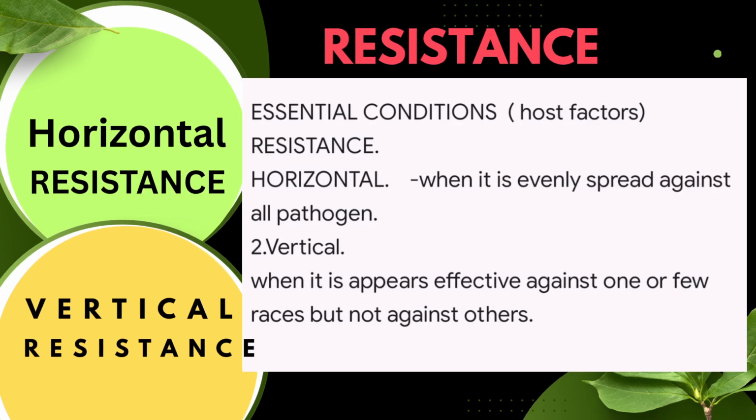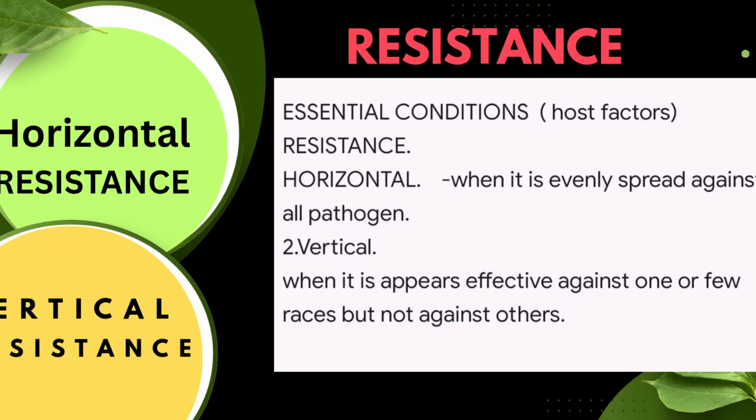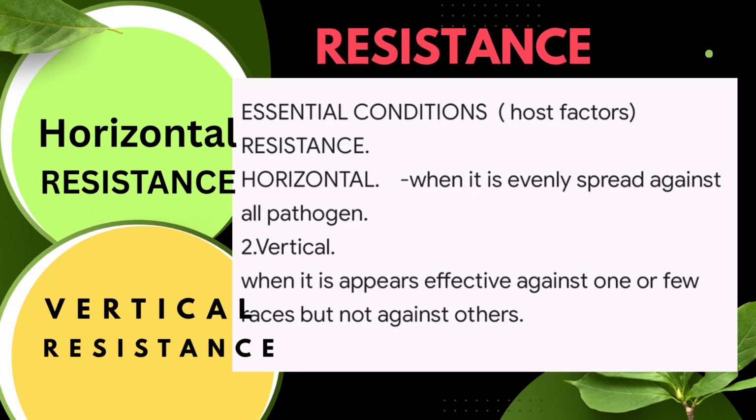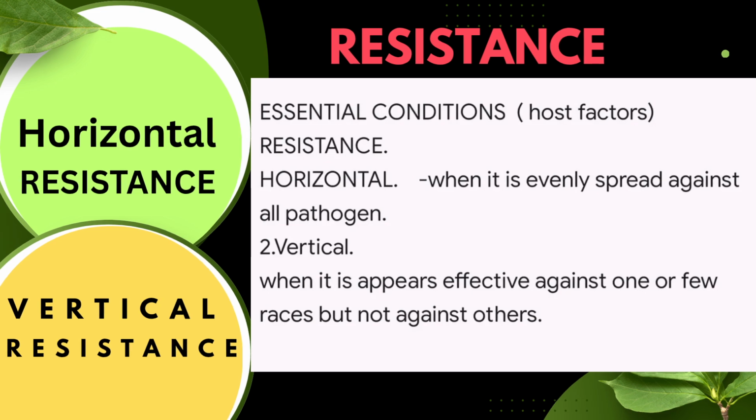After the tetrahedron pyramid, next comes resistance of the plant. Resistance is of a few different types. First is horizontal resistance. Horizontal resistance means the host plant can be resistant to all different types of pathogens like bacteria and viruses.